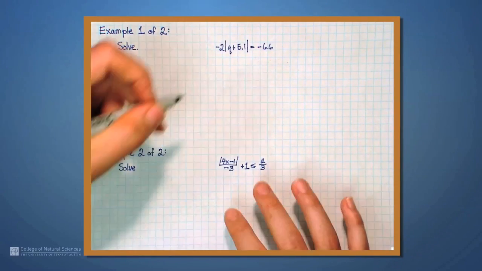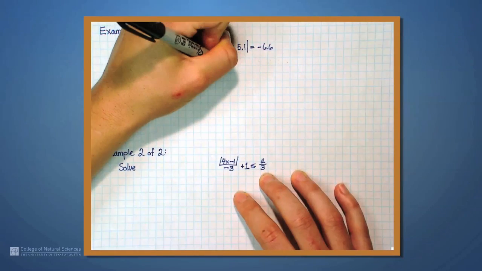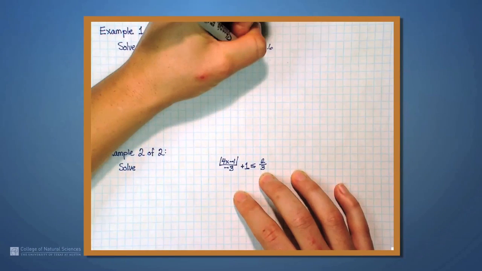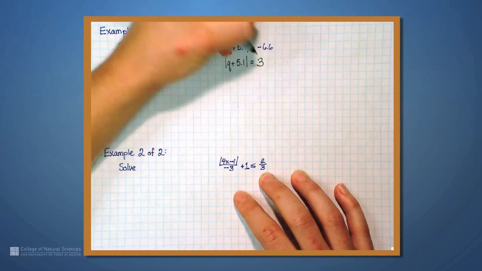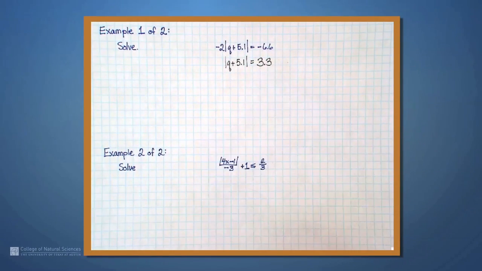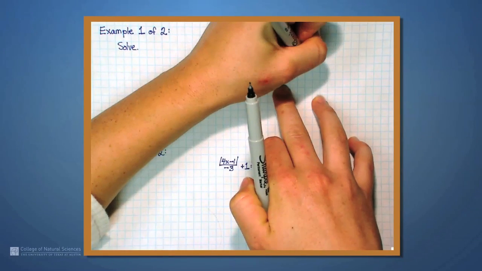So I'm going to divide, because that's how you get rid of a multiplicative coefficient, you just divide it out of there. So when I divide by -2, I get 3.3. I can remember how to divide. Haha, there it is. So, very important fact, must divide first.